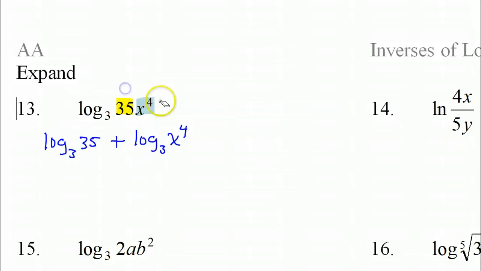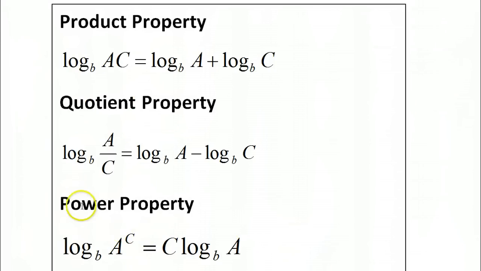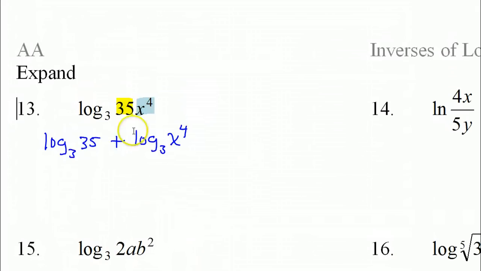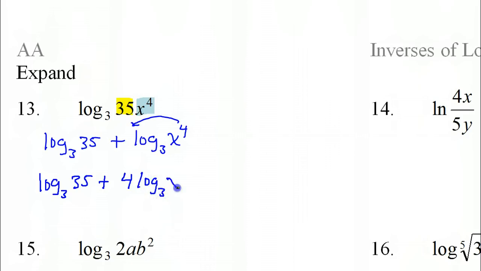When you have an exponent like that, in expanded form, you put it in the front. Okay, so this 4th power is going to jump over here. So we will have log base 3 of 35 plus 4 log base 3 of x. So there's number 13.